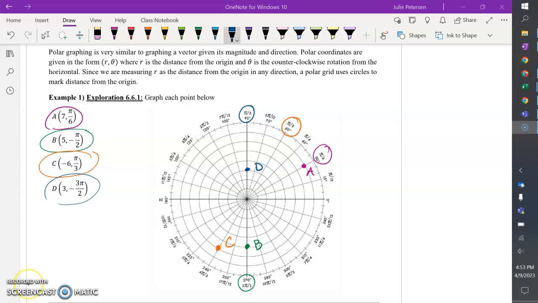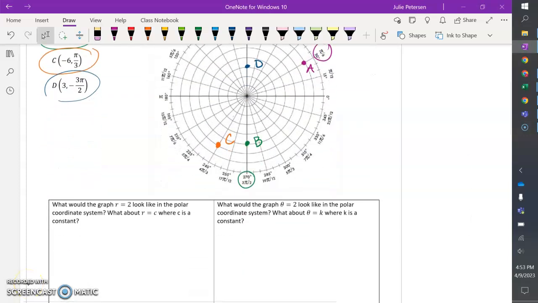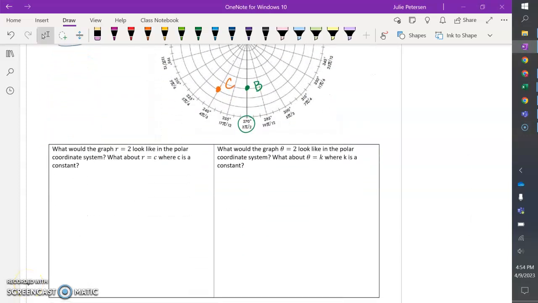All right, so we want to think about 2 scenarios. What would the graph r equals 2 look like in the polar coordinate system? So you notice we only have an r value, no theta. So what this is saying is that all locations are 2 units from the origin.